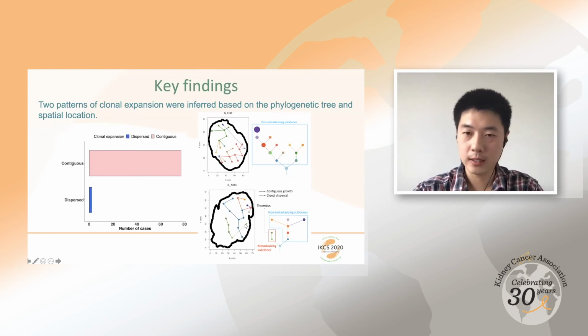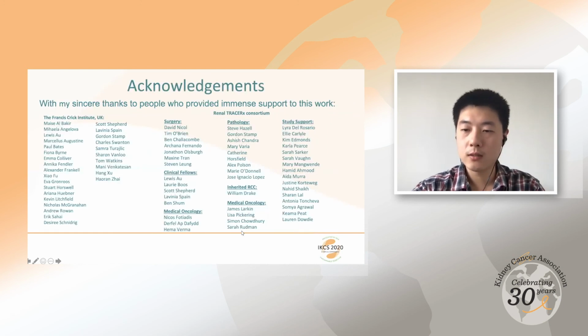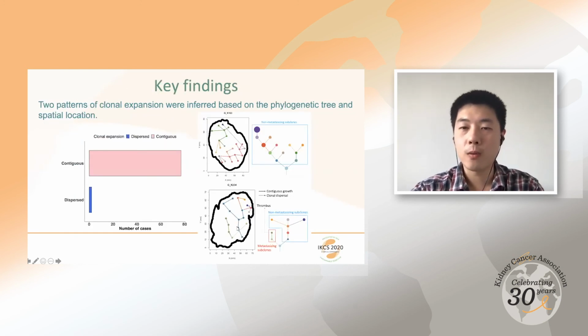Take this one, for example: the green clone here gives rise to the green clone here, and they were not nearby clones to each other, and they crossed the wall formed by the blue clones, which came from the other branch of the phylogenetic tree.